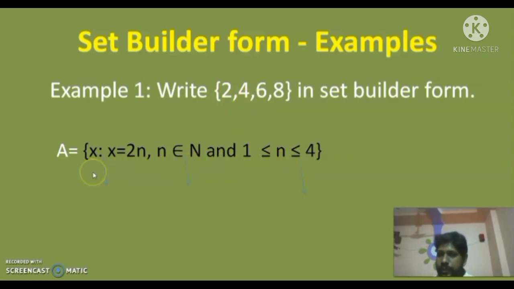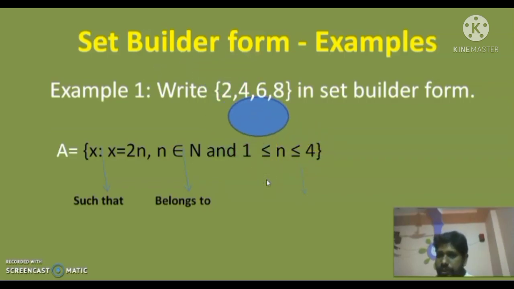So how to represent it with the notation? Let us see. First of all, you have to write a set, x such that, this is the word "such that", x is equal to 2n, then comma, n belongs to capital N, meaning natural numbers, and it is followed by a condition.